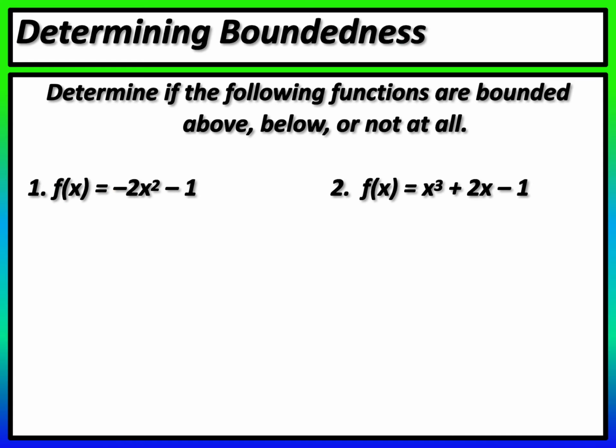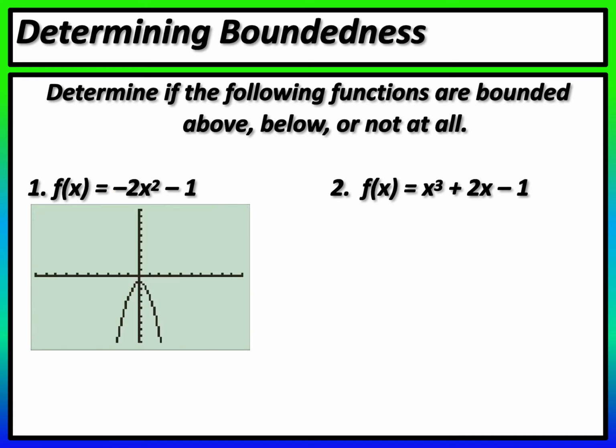All right, so we're going to take a look at some graphs. You're going to need your grapher for this. Okay, you're going to plug in, or if you know just by looking at this that it is a quadratic function, that is very helpful as well. But if you plug in your function and you look, this is a negative parabola.